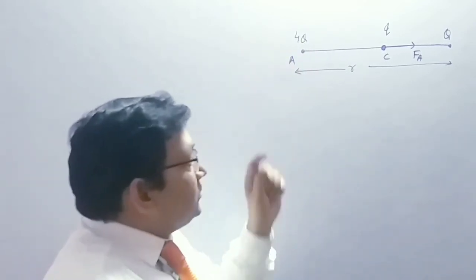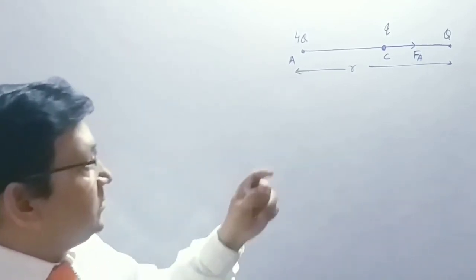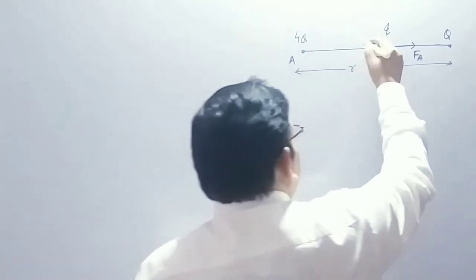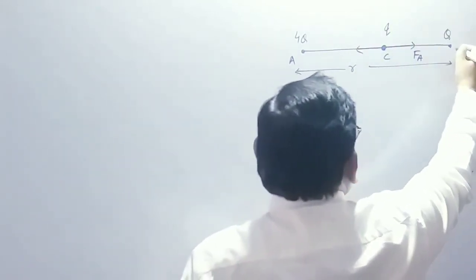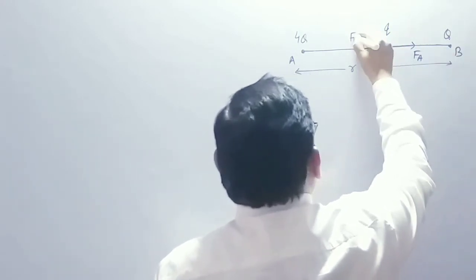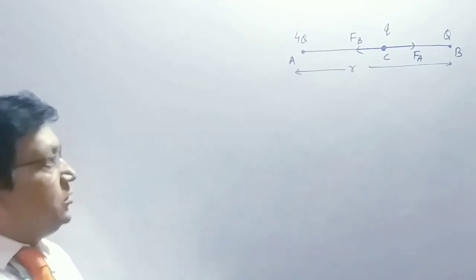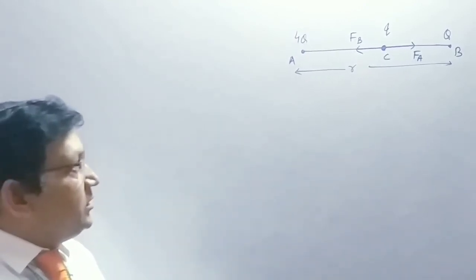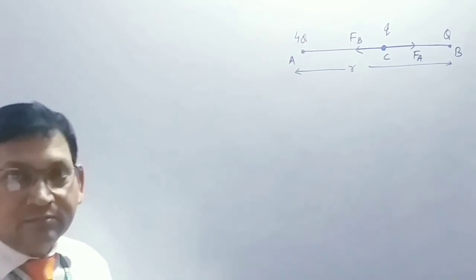What is the direction of the force exerted on small q by capital Q? The direction of this force is here, left hand side. So if the magnitude of Fa and Fb are equal, then the charge small q is in equilibrium.